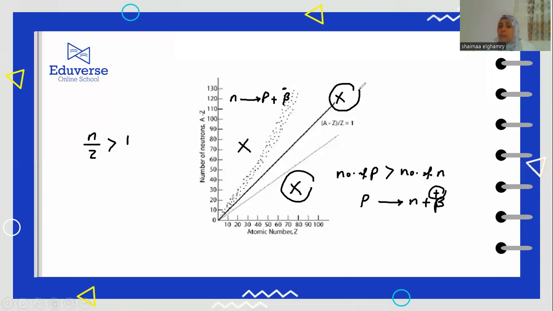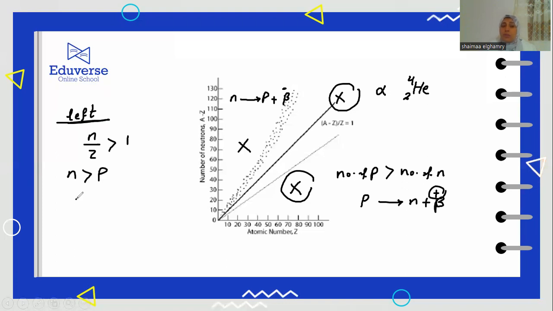Above the stability belt, the nucleus is very crowded. So to reach the stability, it emits what? Alpha particle. What is alpha particle? Alpha particle is a particle consists of 2 proton and 2 neutron. So again, at the left side of the stability belt, number of neutron greater than number of proton.